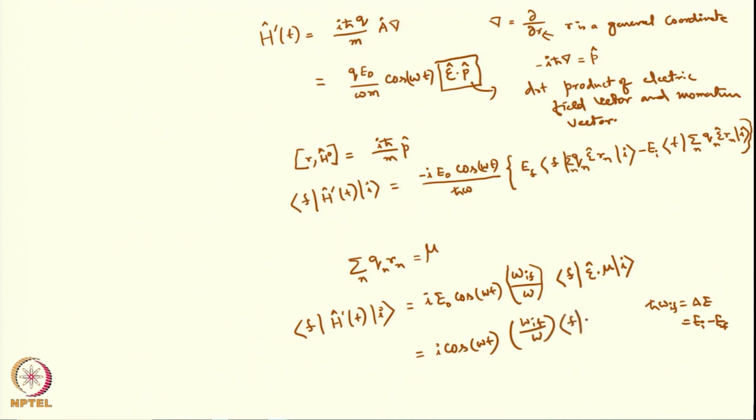Now your integral f H prime of t i will be equal to i cos omega t times omega i f by omega, times the integral f E dot mu i.